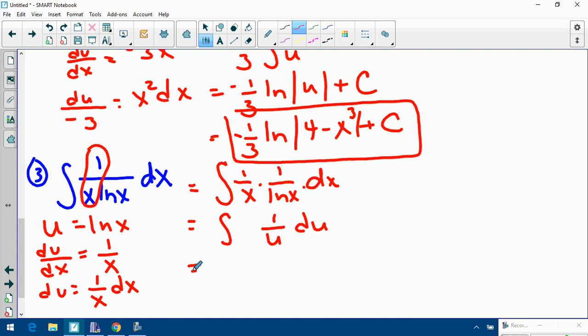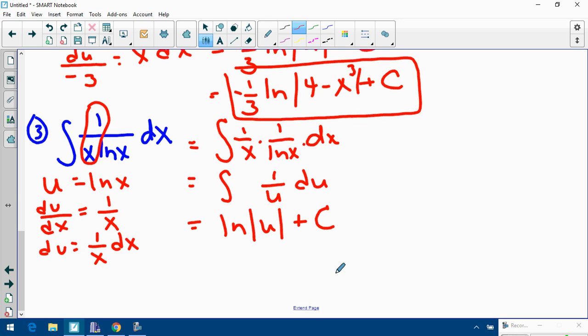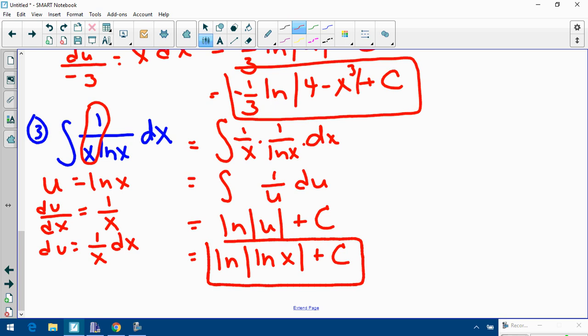So then the integral of 1 over u is ln of the absolute value of u plus c. Then all I have to do is plug in u. So it looks a little weird, but it's the ln of the absolute value of the ln of x plus c. And I think if you think about it for a second, if you try that out, you'd see that the derivative is exactly what we started with.